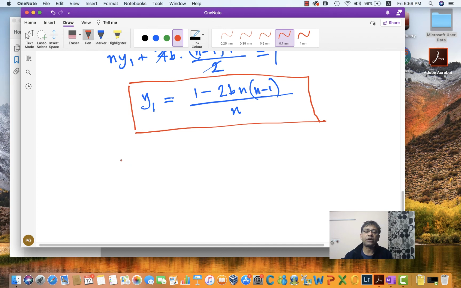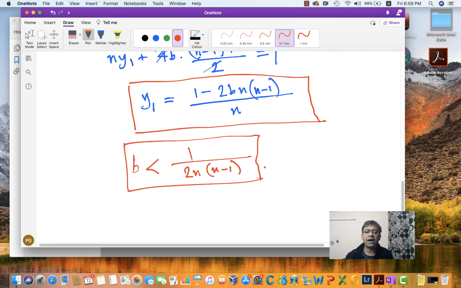So what that requires is this numerator is positive, which means that b has to be less than 1 over 2n n minus 1. Okay, so that's our condition.